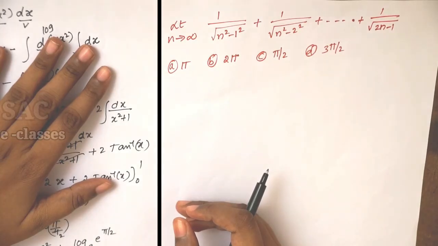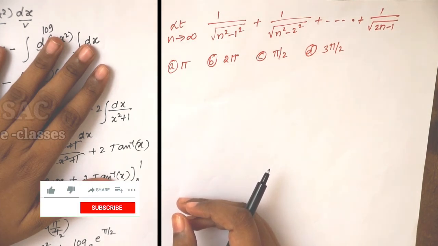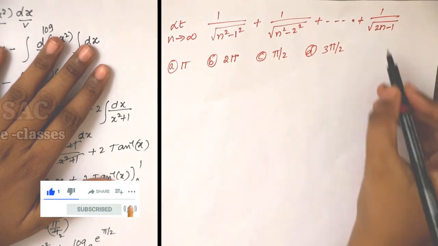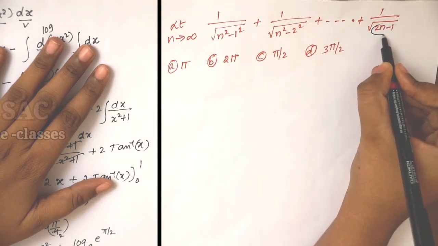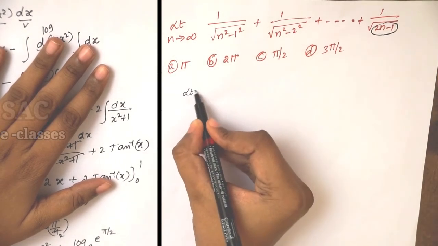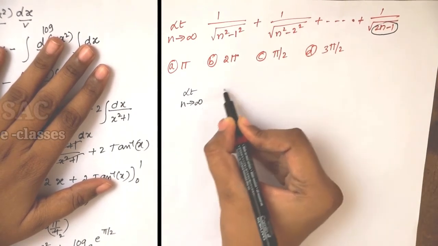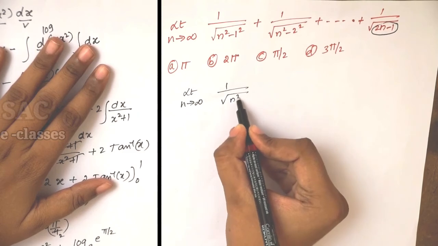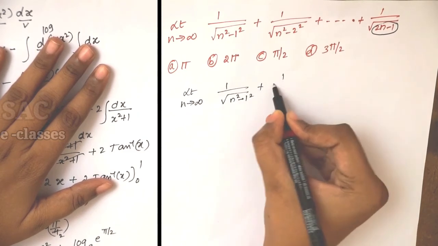Now we came to the end, the last model in these limit sums. See here, they have given roots, but there is an indirect way of writing the nth term. The limit n tends to infinity of 1 by root over n square minus 1 square plus, and so on.